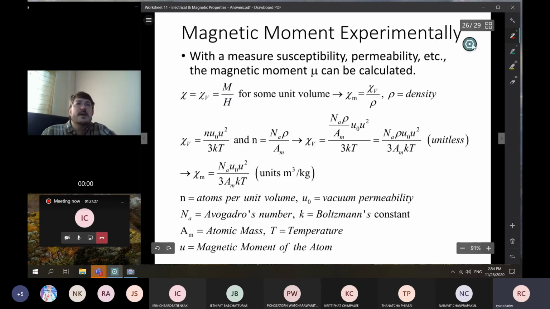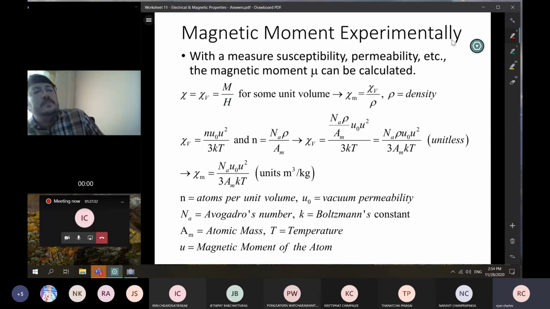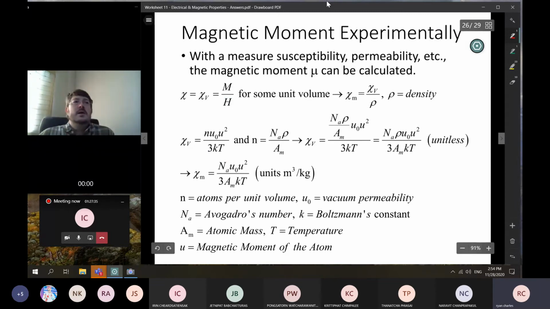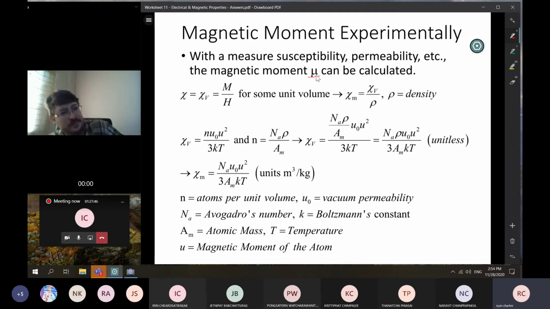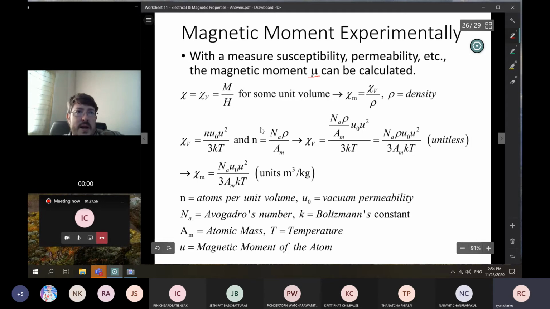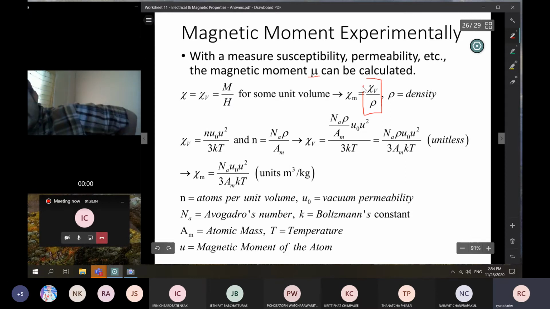Experimentally, magnetic moment. With a measure of susceptibility or permeability, the magnetic moment mu can be calculated. So susceptibility, for some unit volume, chi equals M over H. This is where you might need to know the density, if you divide that by density.